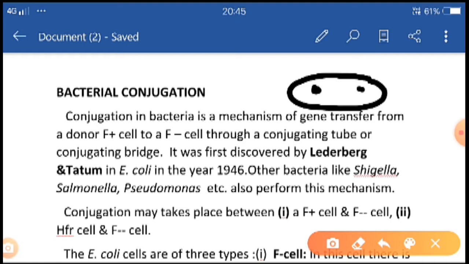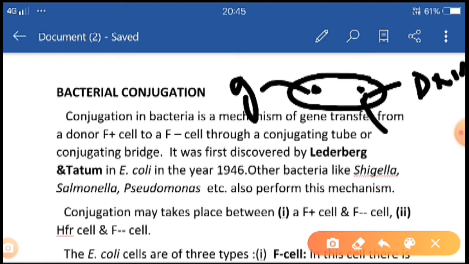If any extra circular DNA is present inside the body, far away from the genophore, then it is termed an F plus bacterium, because this DNA contains F factors.